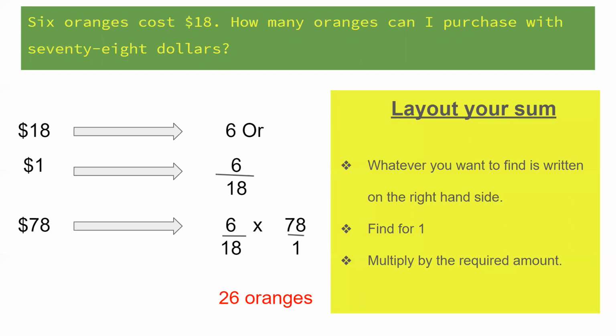Oranges on the right-hand side. Now, we find for one, we write that information. And finally, we find for 78, we know that we must multiply by 78. So $78 gives me 26 oranges.